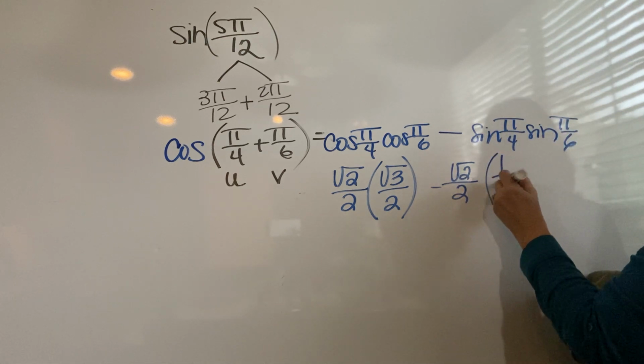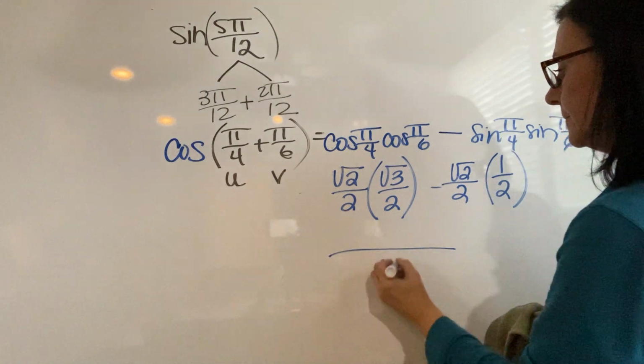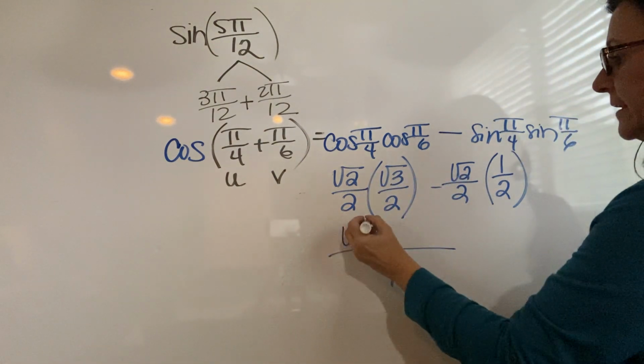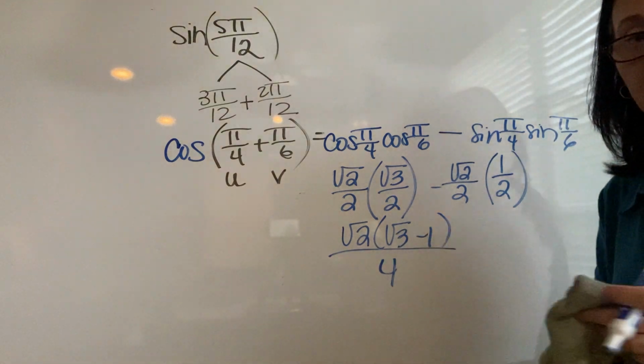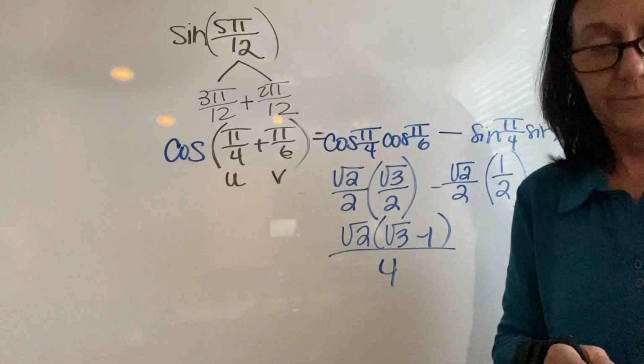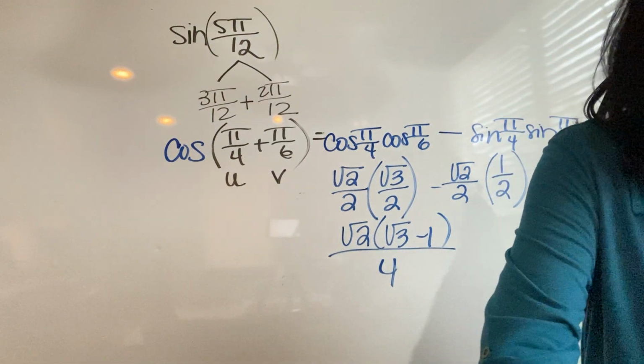And that is 1/2. Writing everything over 4. Factoring out that square root of 2, it's square root of 3 minus 1. All right. You hanging with me so far?